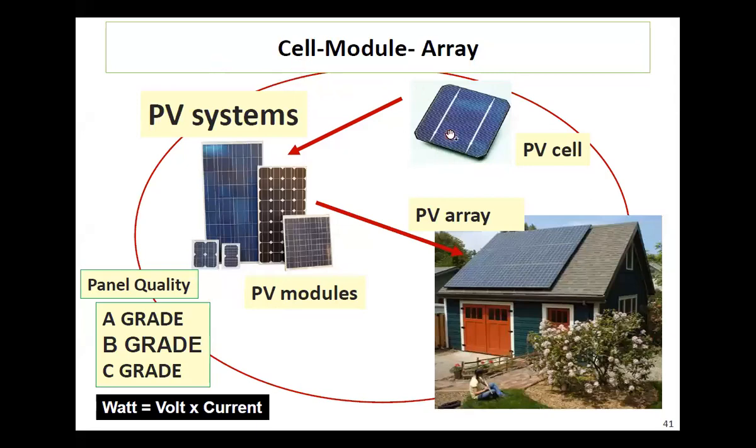So what is meant by solar cell? In this figure you can see here, this is the PV cell, the individual PV cell which is generating around 0.5 volt. And this is what you can see everywhere, the solar panel.